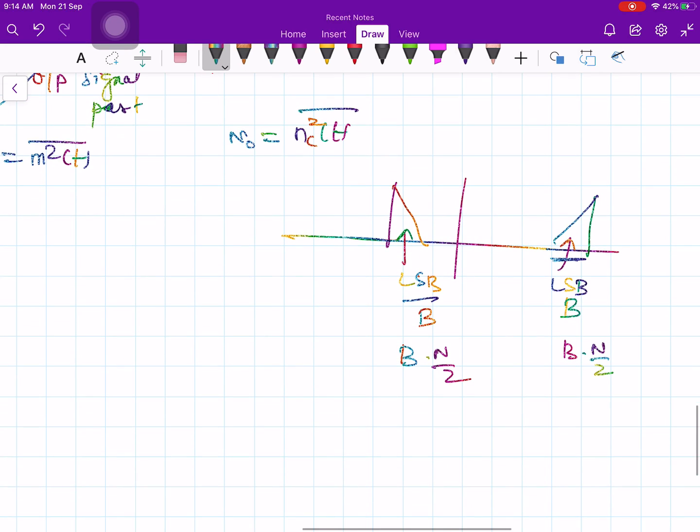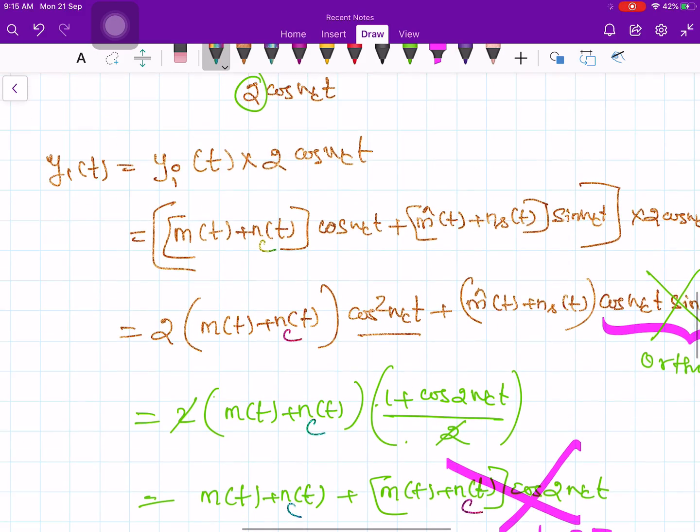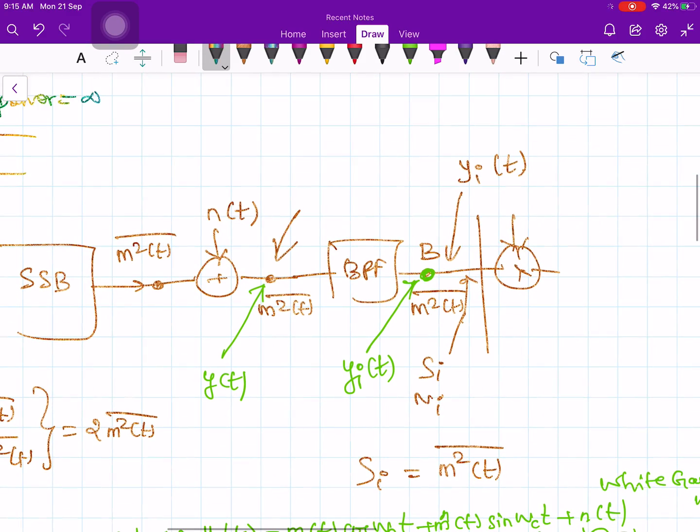Therefore this is nB, total noise power. N0 is equal to nB. It is simply because this band pass filter has a bandwidth of only B hertz. If you look at the figure, yeah, this band pass filter has the bandwidth of B hertz only. It doesn't have the bandwidth of 2B hertz.